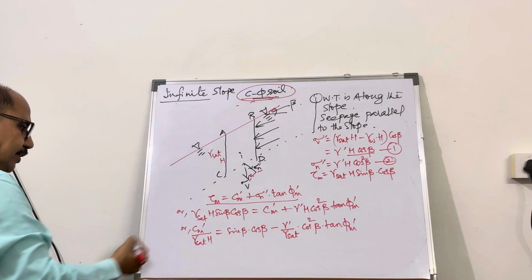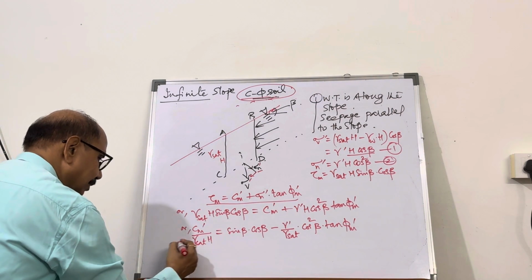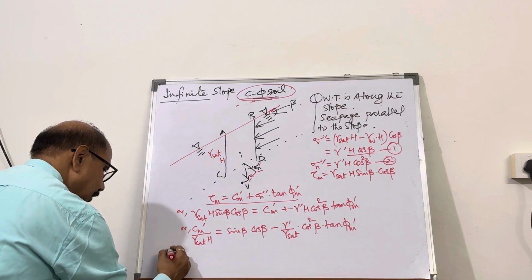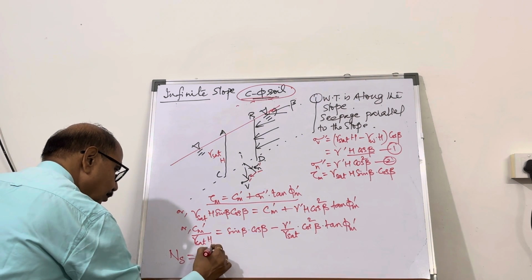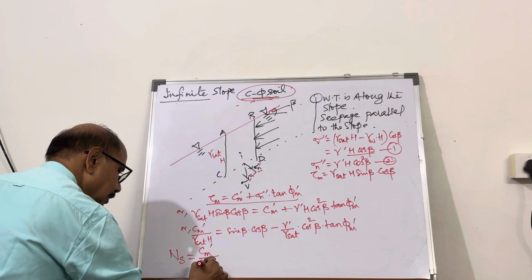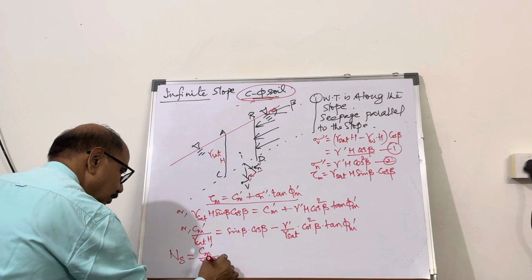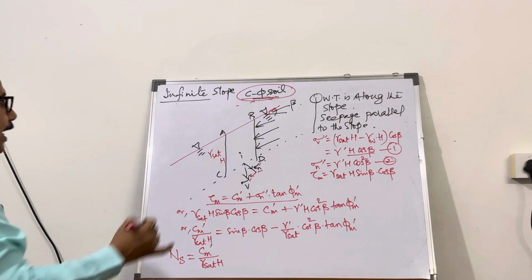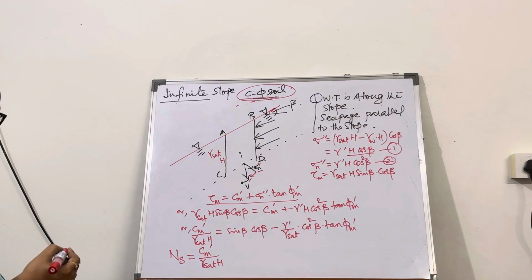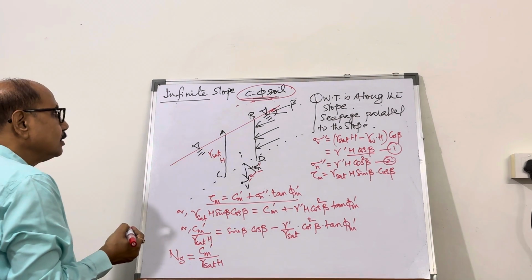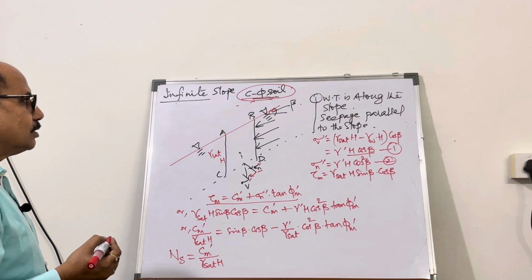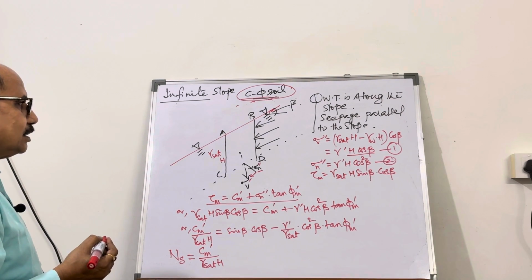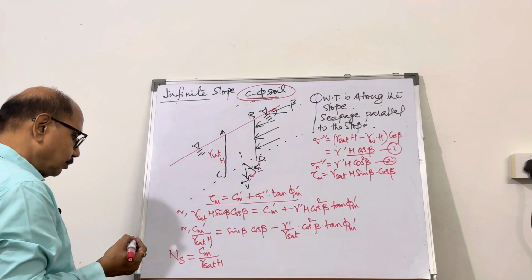This is the simplification, and this is called the stability number. So, stability number Ns is Cm prime divided by gamma saturated into H, for this particular case of c-phi soil, when the water table is along the slope and seepage is parallel to the slope.